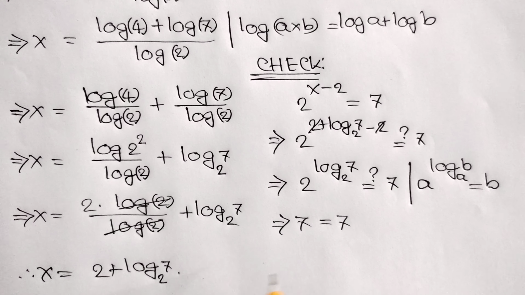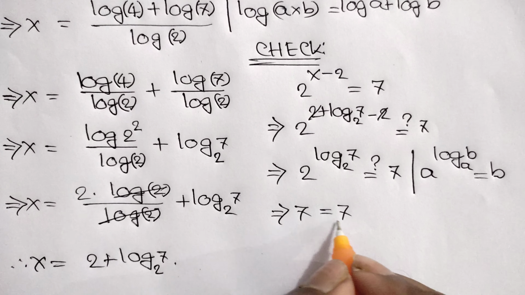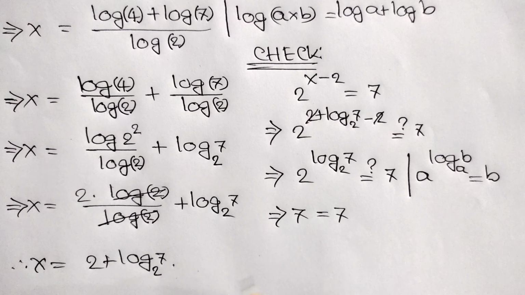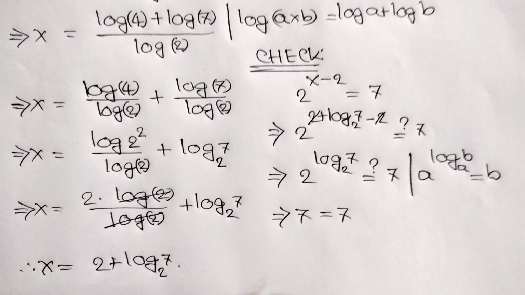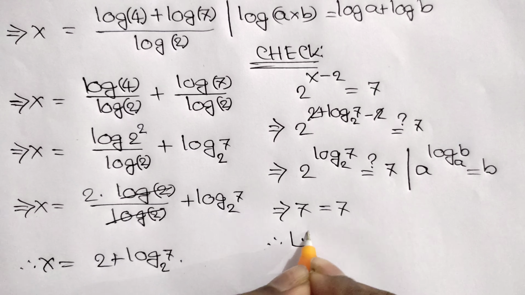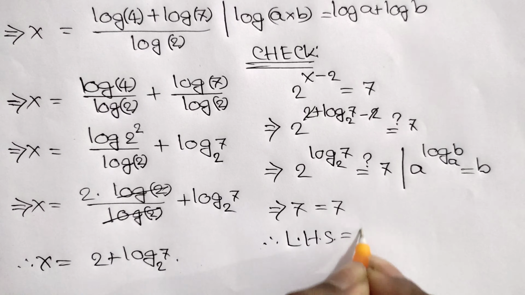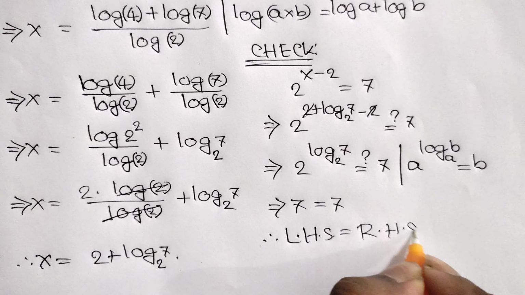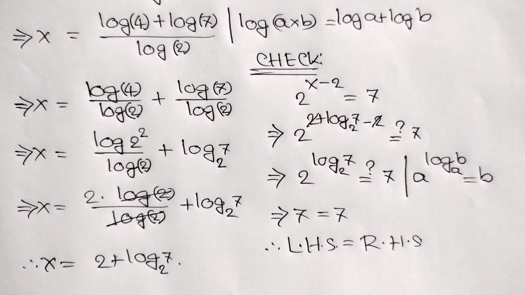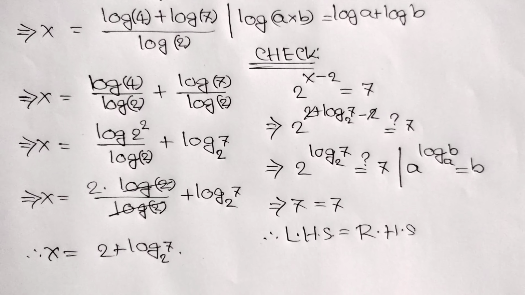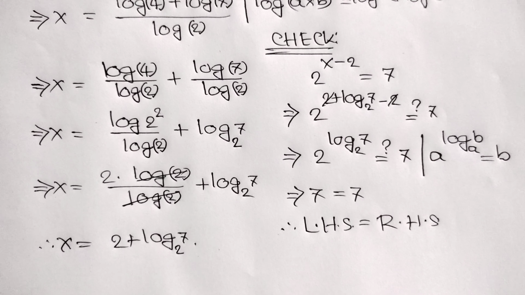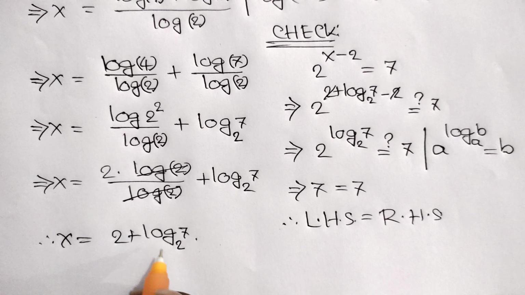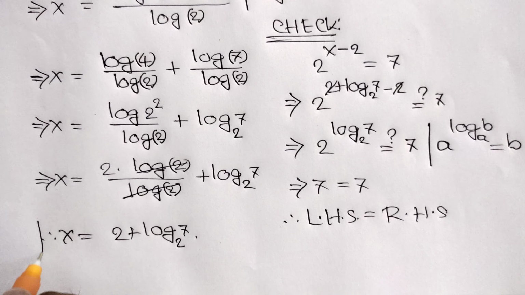So we can write left hand side is equal to right hand side. Then it is true for the value of x is equal to 2 plus log of 7 base 2.